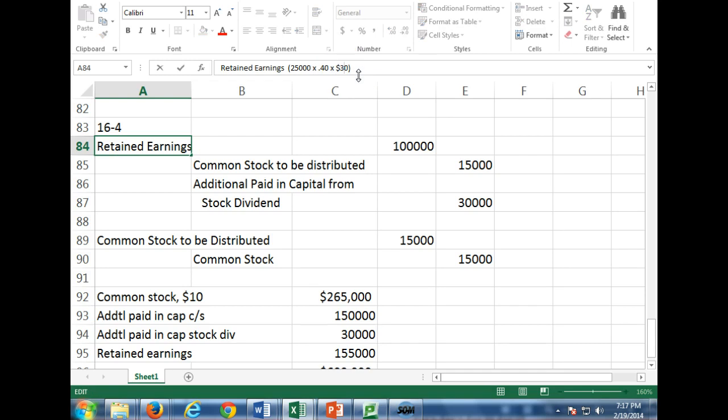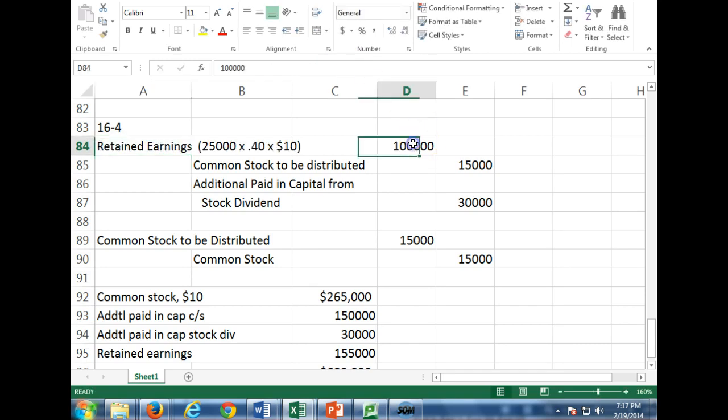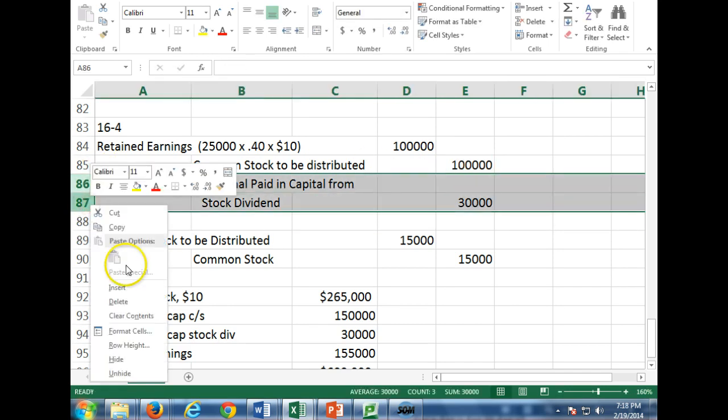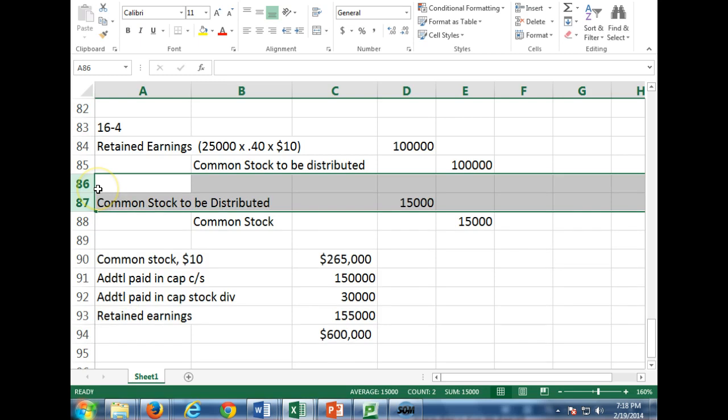We're going to now take it at par value, okay? And that's going to make it 100,000, and all of the common stock to be distributed is going to be at par value. It's not going to be at additional paid-in capital, right? Why? Because it's all at par, right?